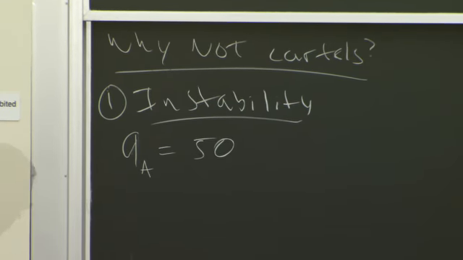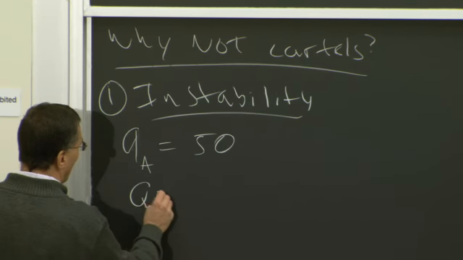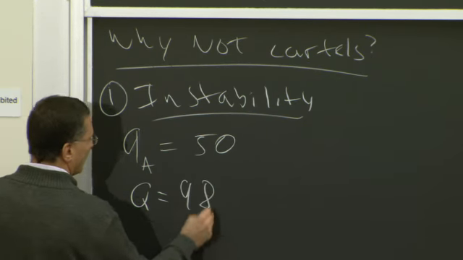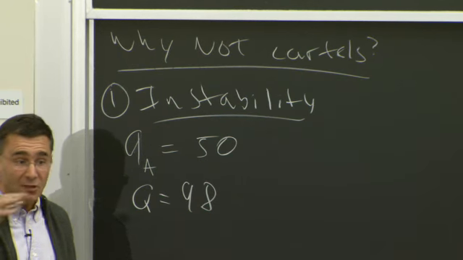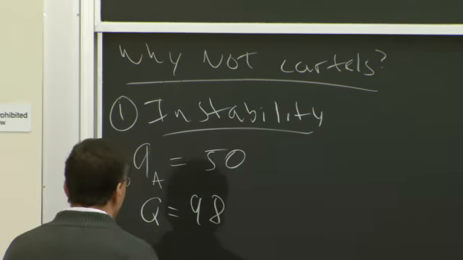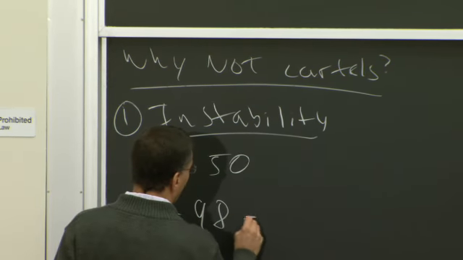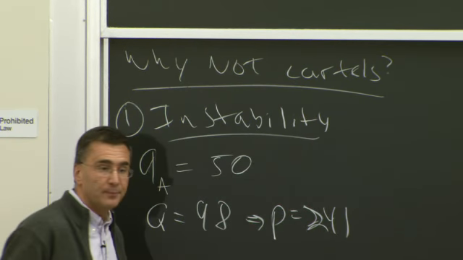Well, if they do that, the total quantity in the market, instead of being 96, rises to 98. That means the price has got to fall. This is not a price discriminating monopolist. This is a one-price monopolist. So if they want to sell 98 flights, the price is going to fall to 241 from the current level of 243.